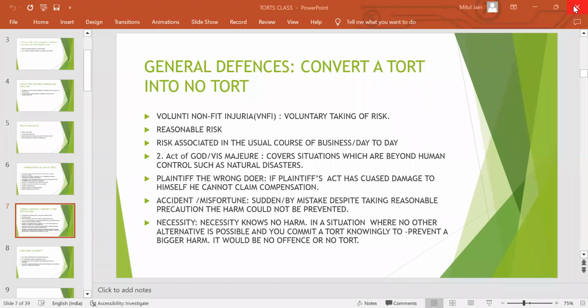Now the only way for the fire brigade to reach to that particular building is by breaking a certain portion of Mr. X's house, and there is no other way out, and they end up demolishing some portion of Mr. X's house in order to ensure that the fire brigade reaches to the building and douse the fire.